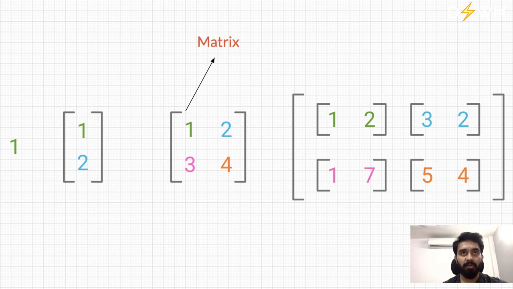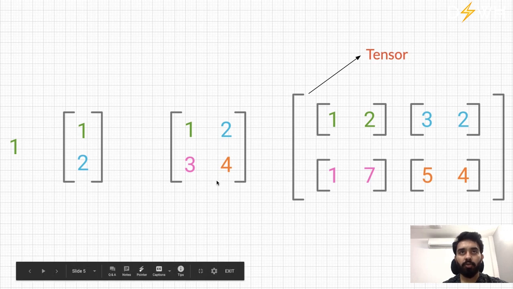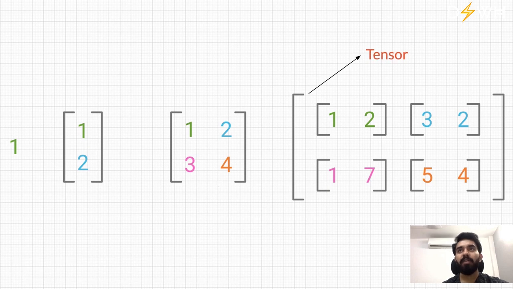So this is a matrix over here, and then a matrix which has dimension greater than or equal to 3 is generally referred to as a tensor. These other two are also valid tensors, but just to avoid any sort of confusion, we refer to arrays which have dimension greater than or equal to 3 as tensors.